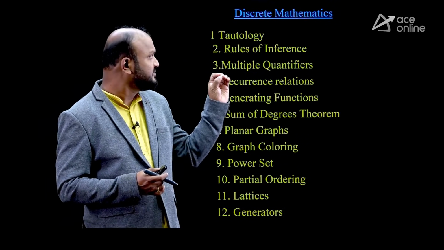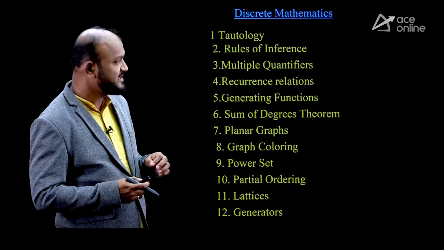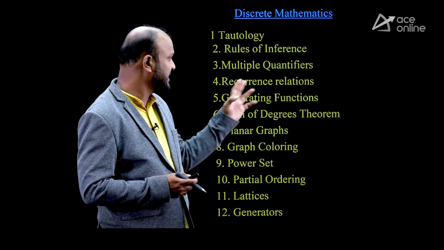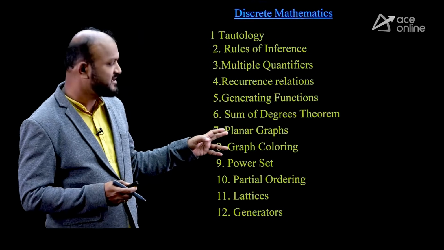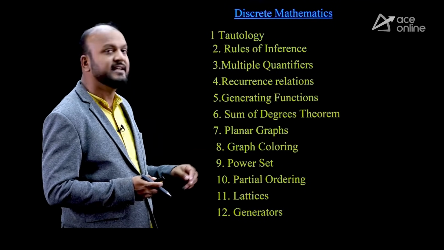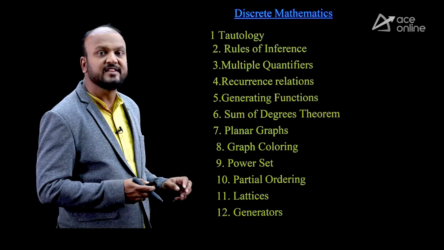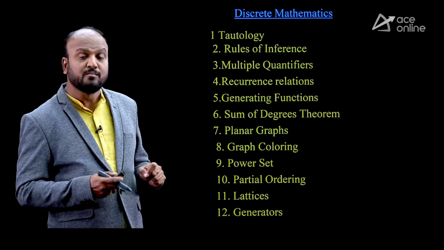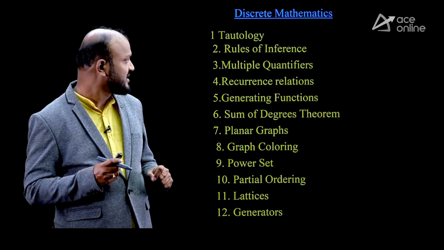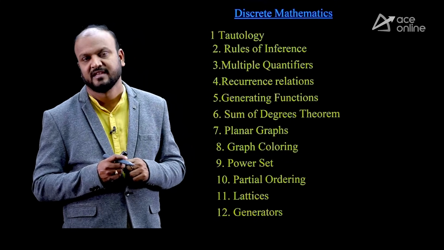Here are the topics to be focused on: tautology, rules of inferences, multiple quantifiers, recurrence relations, generating functions, sum of degrees theorem, planar graphs, graph coloring, power set, partial ordering, lattices, and generators. The most trending topics are recurrence relations and generating functions.